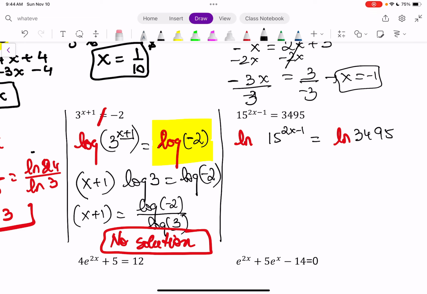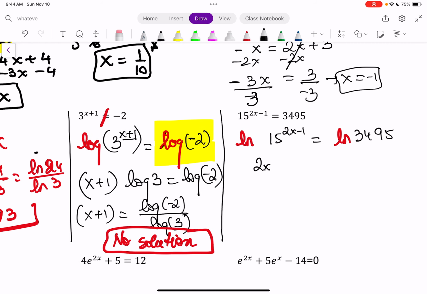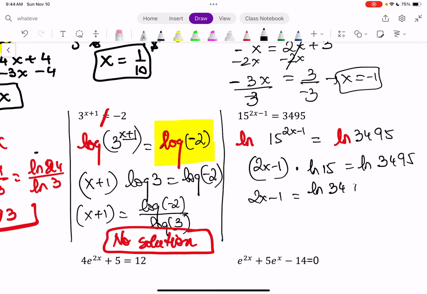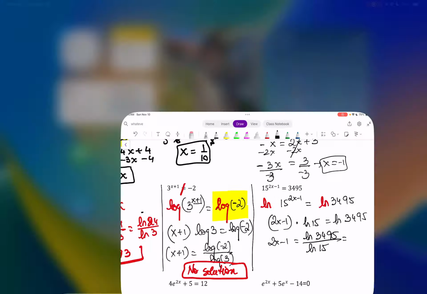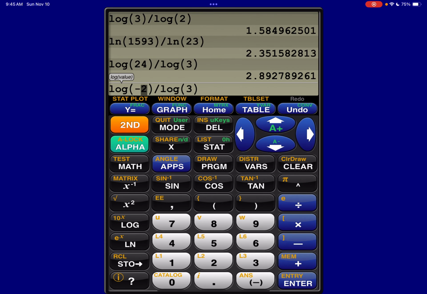So when I log both sides, the 2x minus 1 comes up as a coefficient, times ln of 15 equals ln of 3495. And so therefore 2x minus 1 is going to equal the natural log of 3495 divided by the natural log of 15, which I'm going to put in my calculator and approximate.